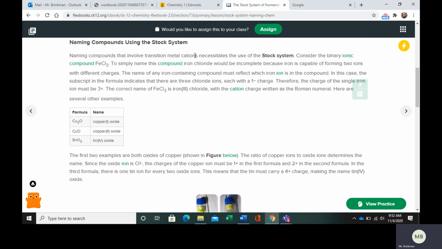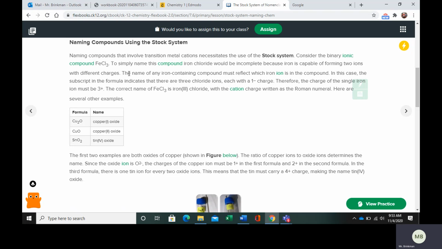They can form multiple ions with different charges. Okay? So for example, if we were to name the binary ionic compound with this formula, we can't just call it iron chloride. Okay, this doesn't tell us what the charge of this iron is.